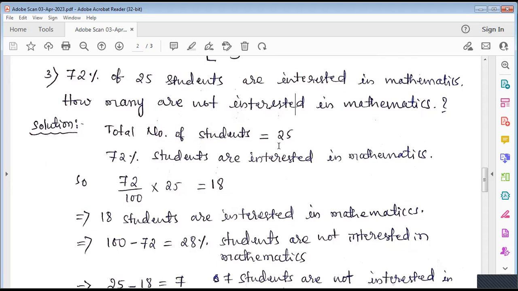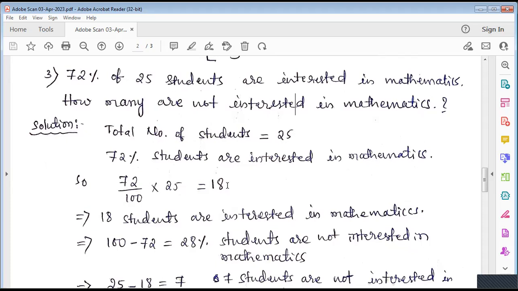So the total number of students here is 25, and 72% of the students are interested in mathematics. So here I am calculating the 72% of this 25, which is the total number of students in a classroom. For that, you have to multiply 72 by 100 into 25. So this gives 18.